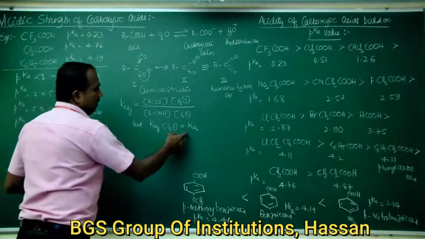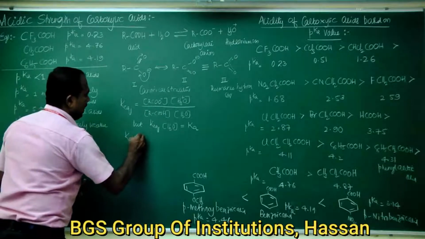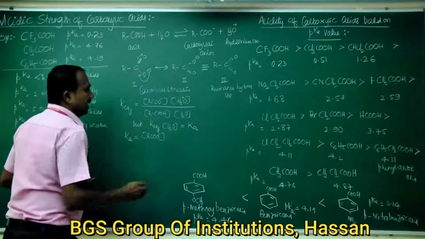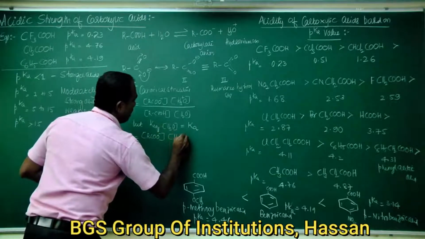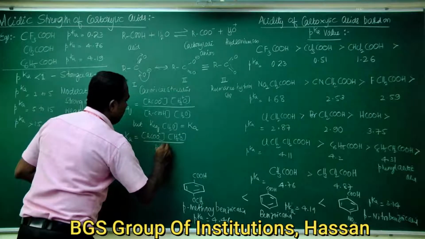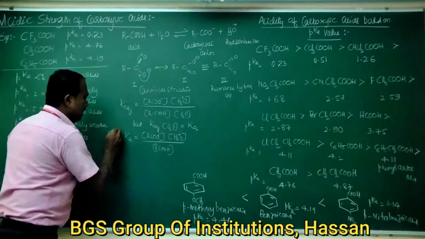Therefore, Ka is equal to the molar concentration of carboxylate anion times the molar concentration of hydronium ion, all divided by the molar concentration of carboxylic acid. This is the final equation.